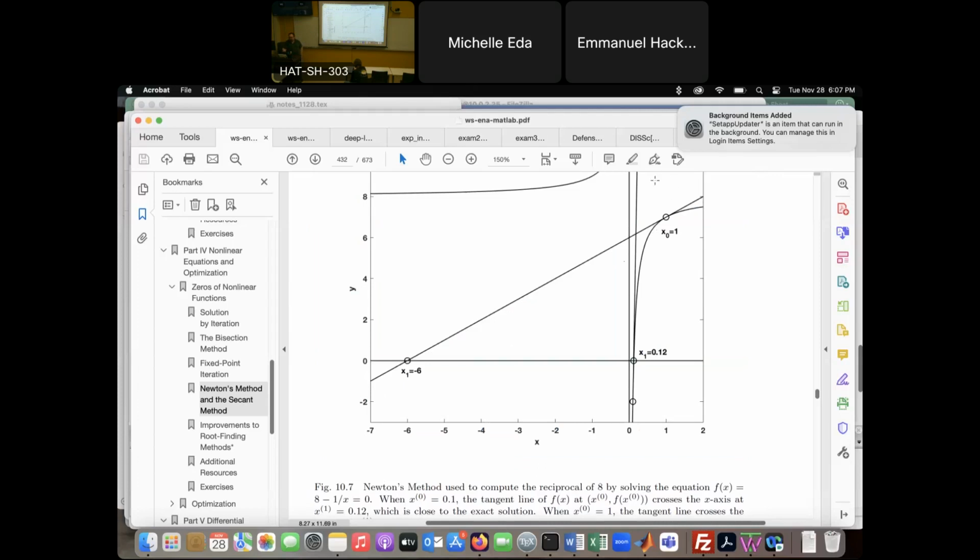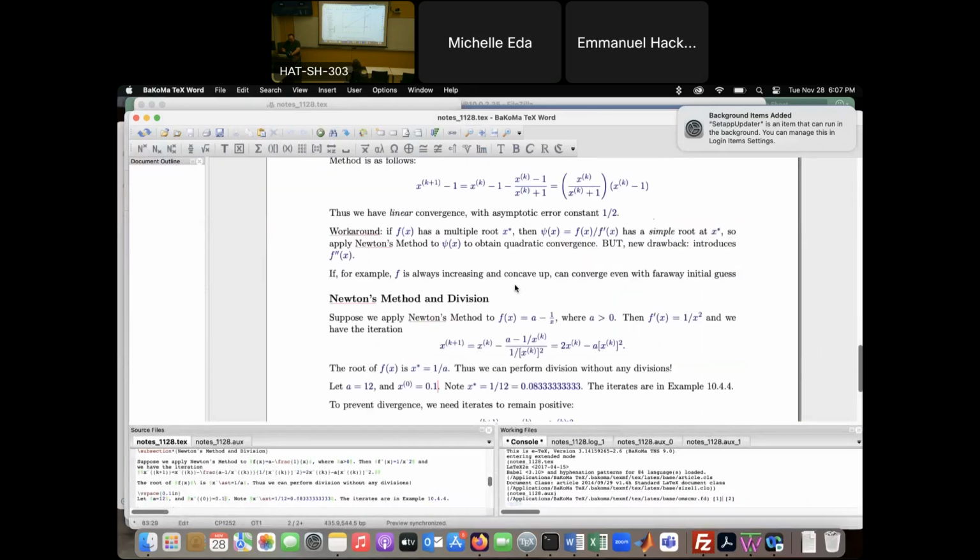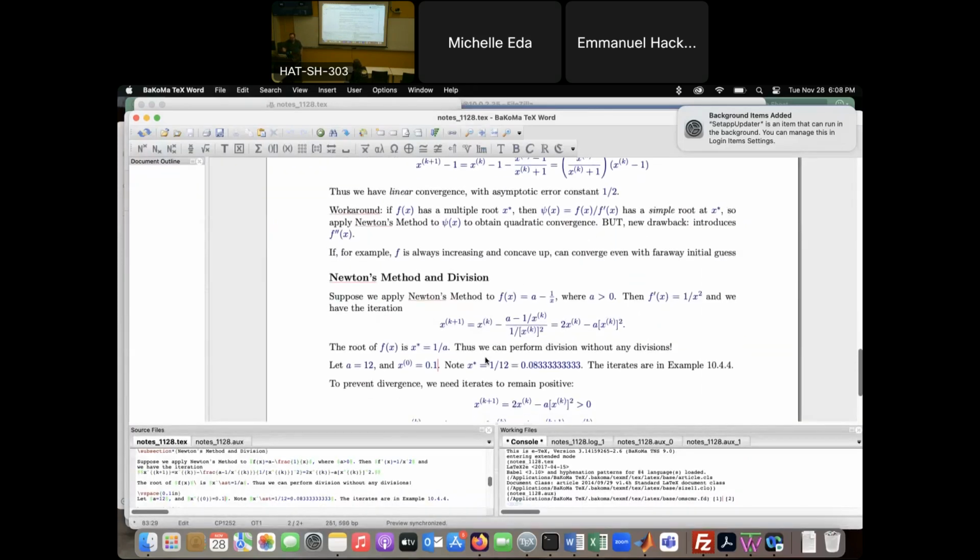So here we have a good tangent line, this vertical one, and then a bad tangent line over here. So you get an idea as to why, if we're too far away from the true root, this is going to go badly.